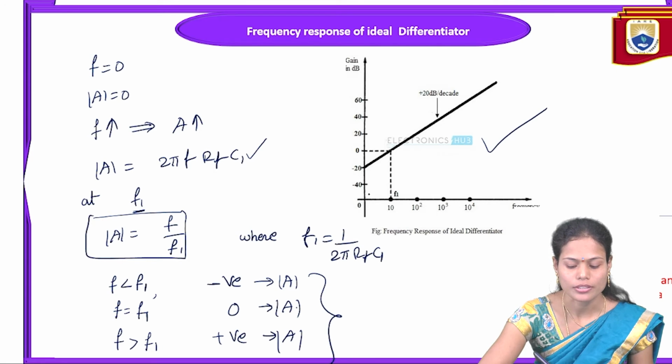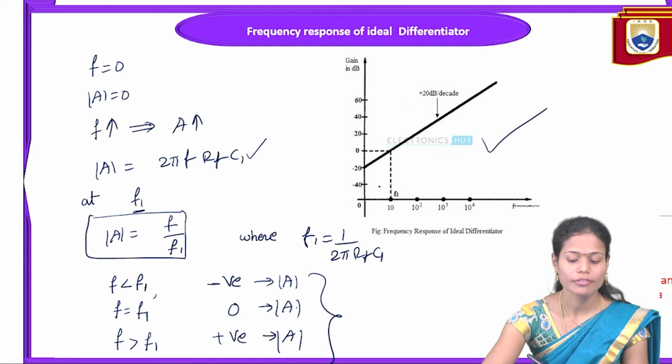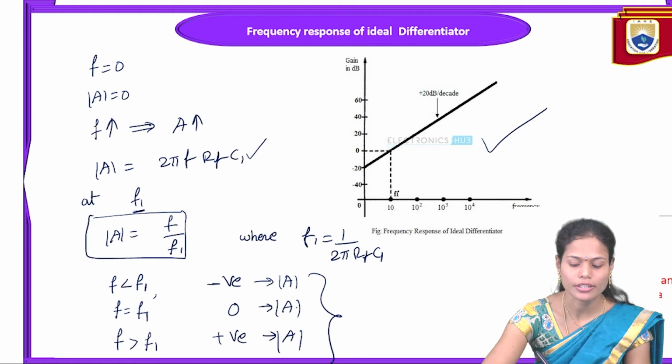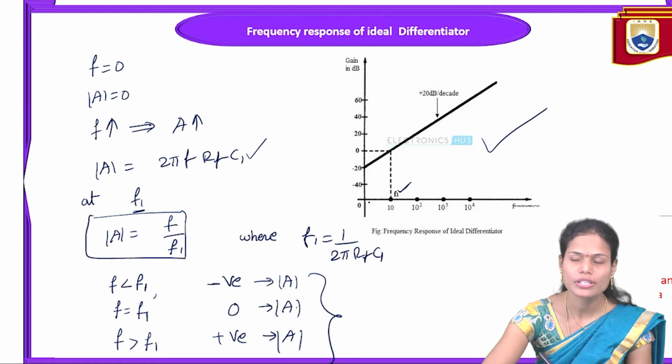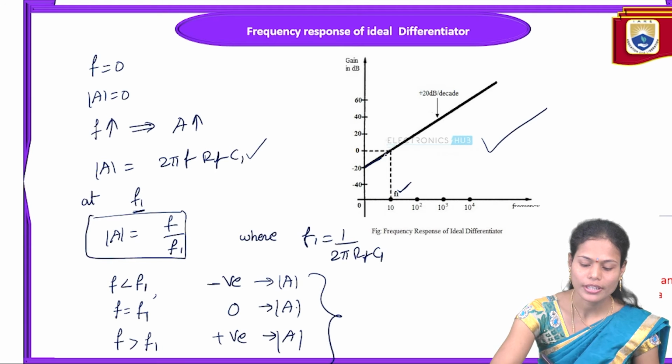So if you see here, at frequency equal to 0, if frequency is less than F1, here is our F1 value we are taking here. If your applied input signal frequency is less than this F1, we are getting the negative gain, minus 20 dB.